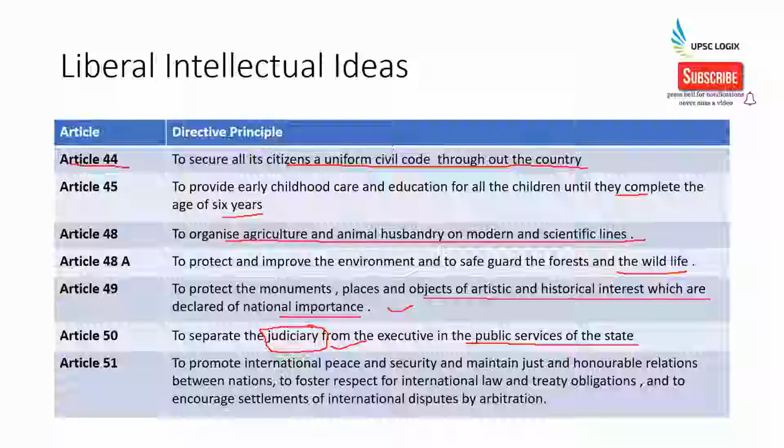Then Article 51 is to promote international peace and security and maintain just and honorable relations between nations, to foster respect for international law and treaty obligations, and to encourage settlement of international disputes by arbitration. So as we all know, Pak-occupied Kashmir is one of those disputes with Pakistan, and we are trying to sort it by arbitration in the International Court of Law.